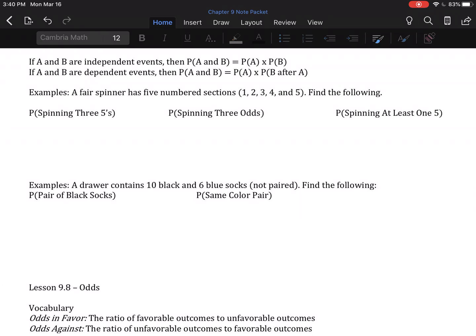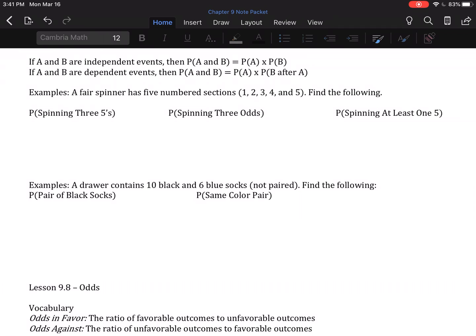So here we've got a drawer that has 10 black and 6 blue socks. And for whatever reason, this strange individual doesn't pair their socks. So we're going to find the probability of drawing out a pair of black socks, and then the probability of drawing a pair of the same color of socks. Okay.